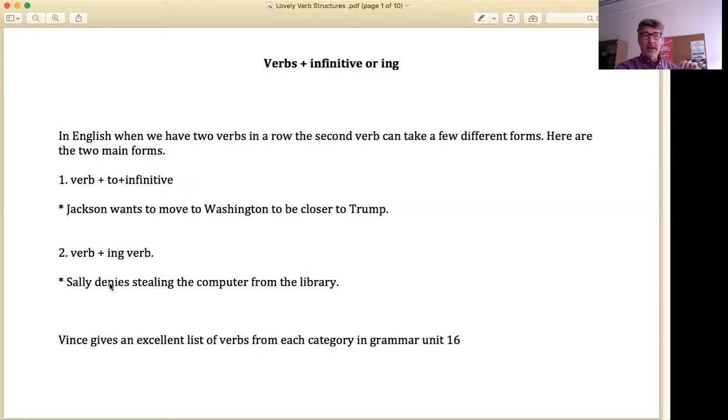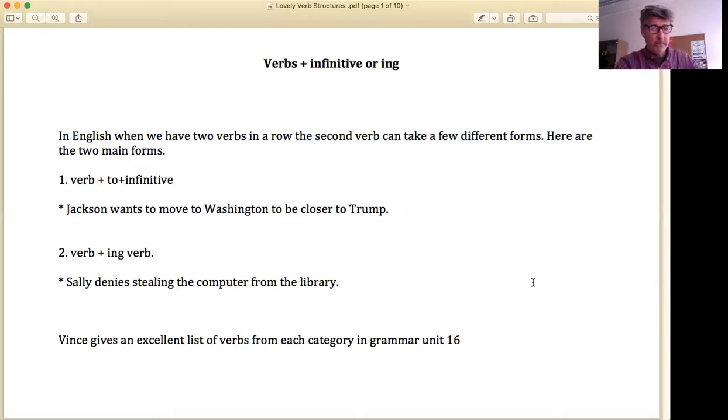And deny, let me put it this way: like I said, the first verb determines what kind of verb the second one will be, and deny always has a gerund as the second verb. So some verbs are like that. The second verb needs to be a gerund, or the second verb needs to be an infinitive. We want to discuss those and the nuances.